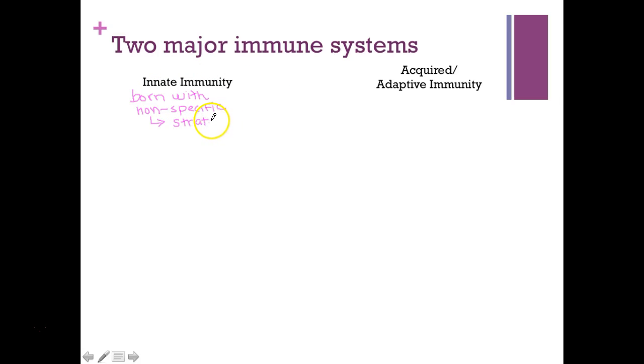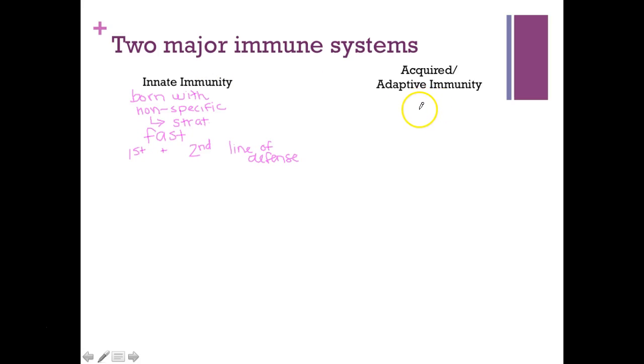Nobody gets special treatment. And this reaction is always very fast. It's the first barriers, the first line of defense, and the second line of defense within our immune system. We'll talk more about this in a minute.